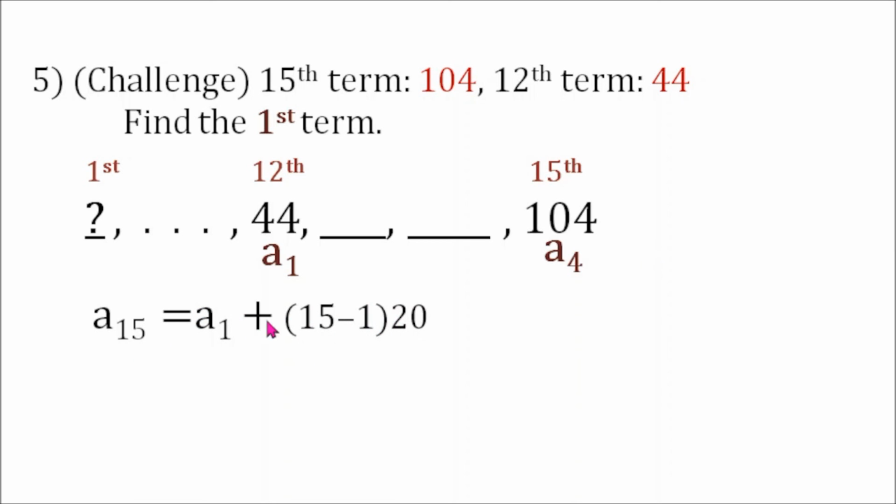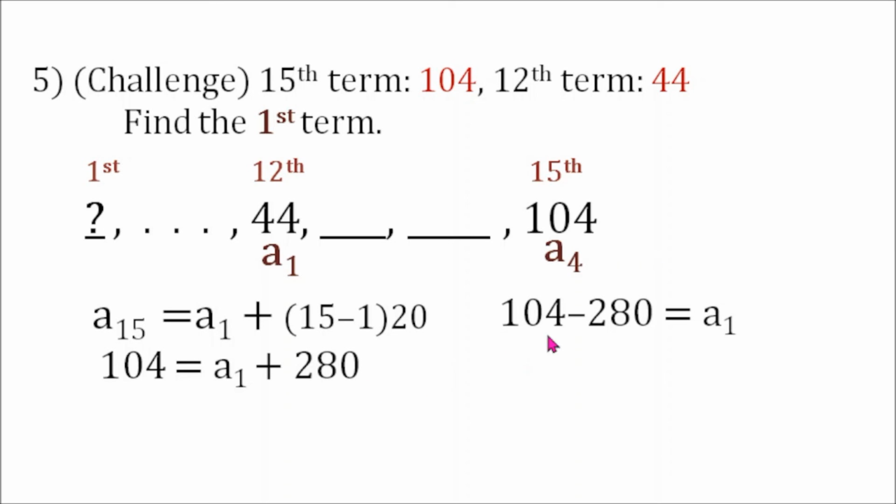Now, let's substitute 104 as our a sub 15, a sub 1 we do not know, plus 15 minus 1 is 14 times 20 is 280. Now, subtracting 280 from both sides of the equation, so it's 104 minus 280, and a sub 1 equals negative 76. Did you get all the items right?